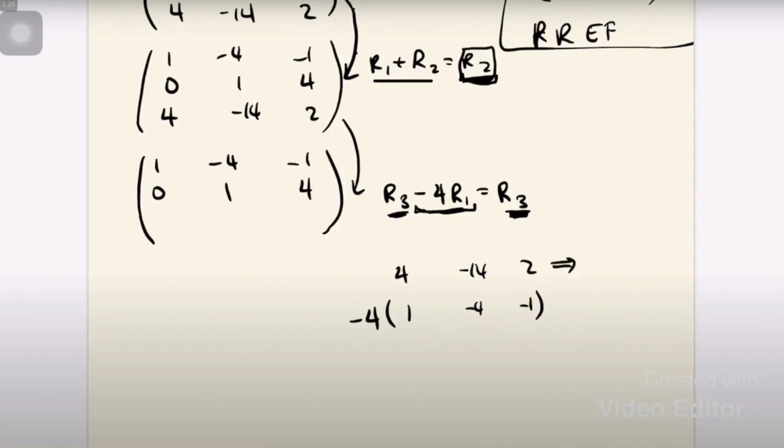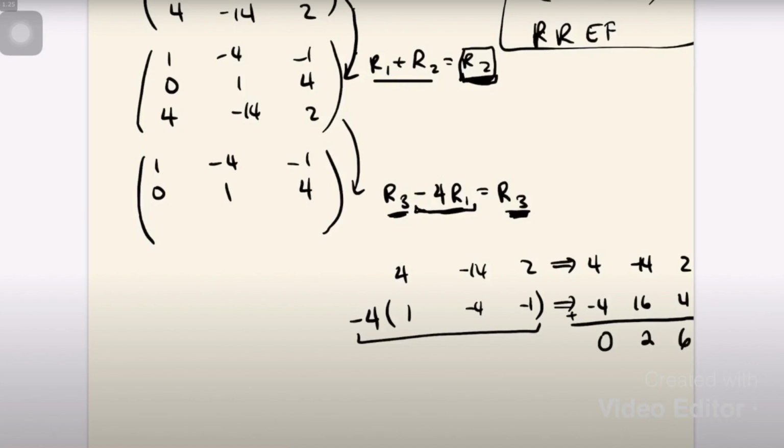R3 is still R3, which is this. Now, if you multiply -4 to R1, you get -4, 16, 4. Now you can sum it up together, and you see how here it's 0, here it's 2 and 6. So now we've produced this new third row.